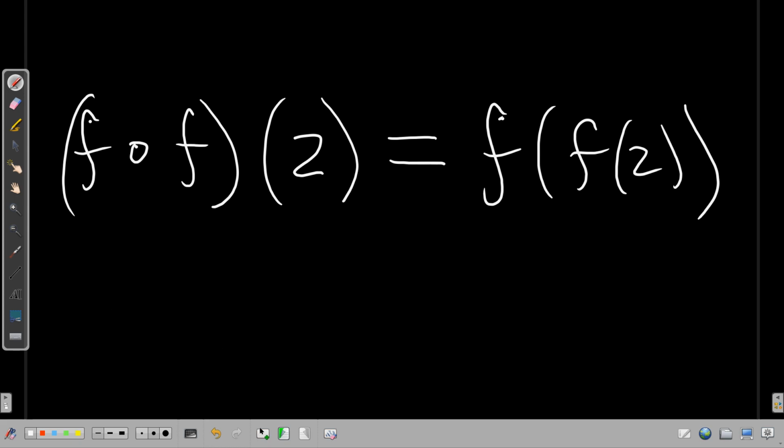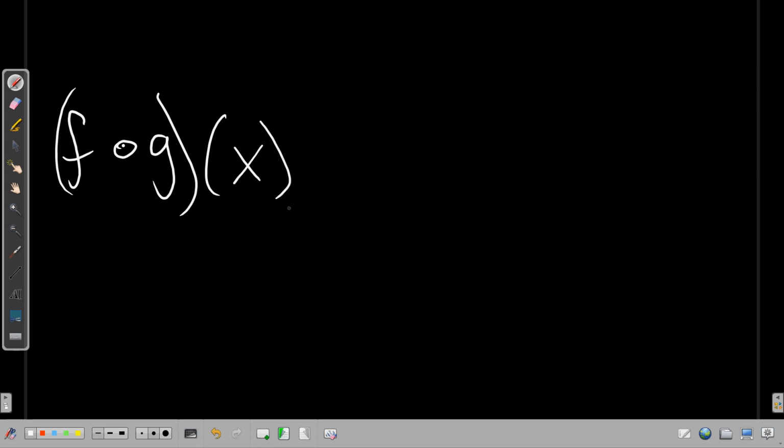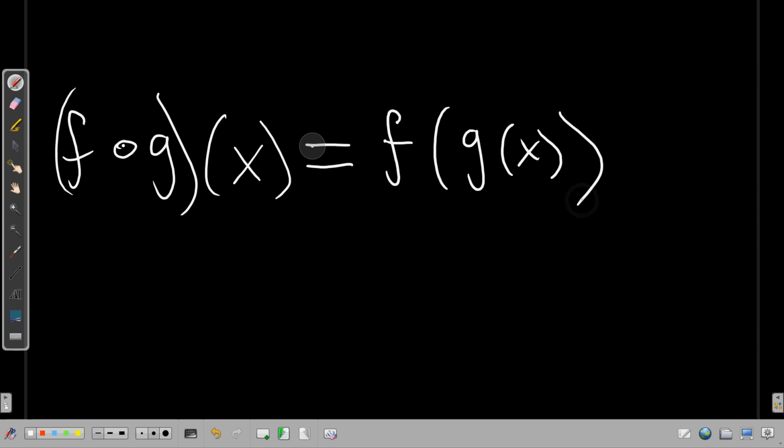So if I have two functions f and g, then f circle g is a brand new function, and this is its name, and its rule, it's a function, so it has a rule. Its rule is f of g of x.